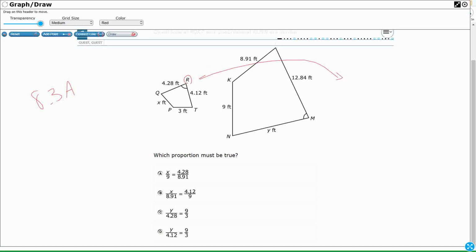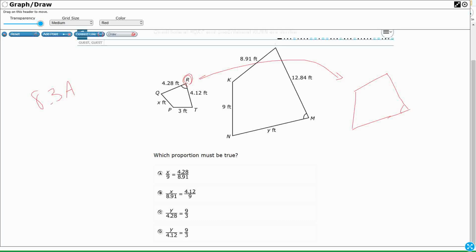Okay, so what I want to do is draw a shape that looks exactly like that big one. And I'm going to try my hardest to get it to look like that. But what I want to do is make sure I get my values exactly correct.